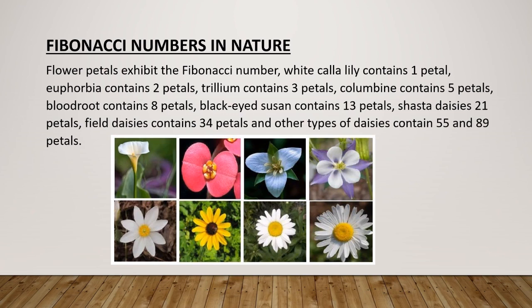Now, most, if not all, of the flowers have a number of petals that is found in the Fibonacci sequence. So mostly we can only find either 1, 2, 3, 5, 8, and so on and so forth.